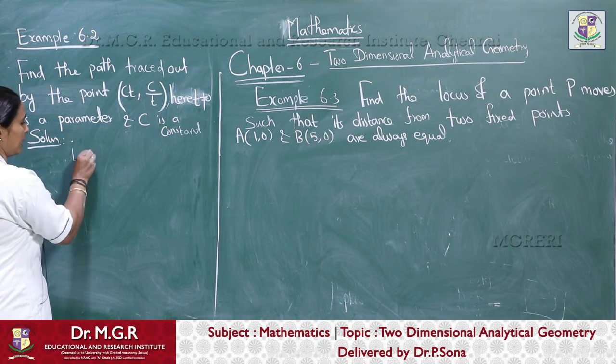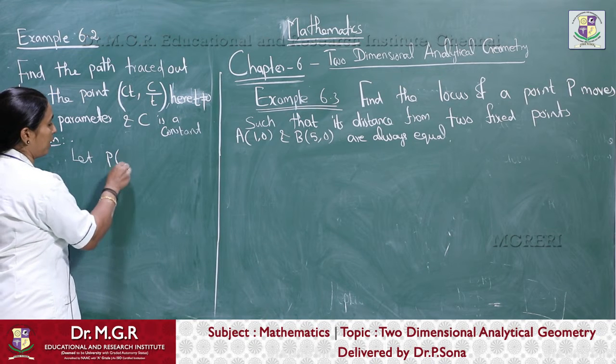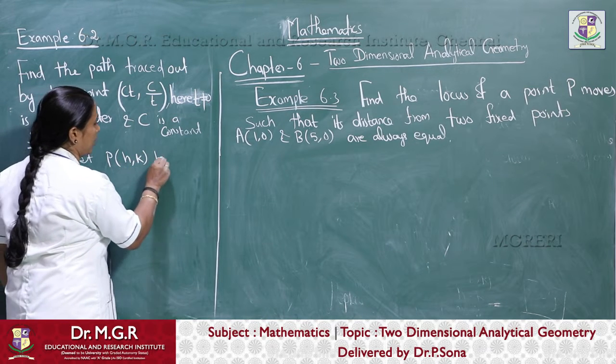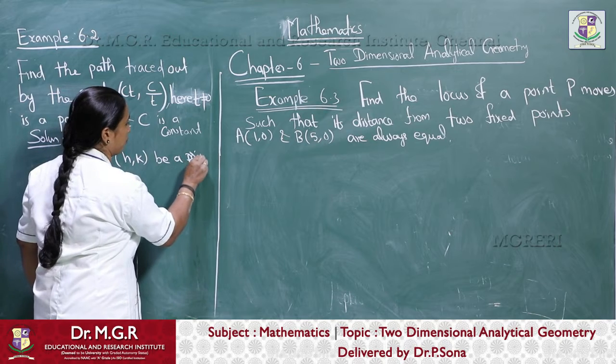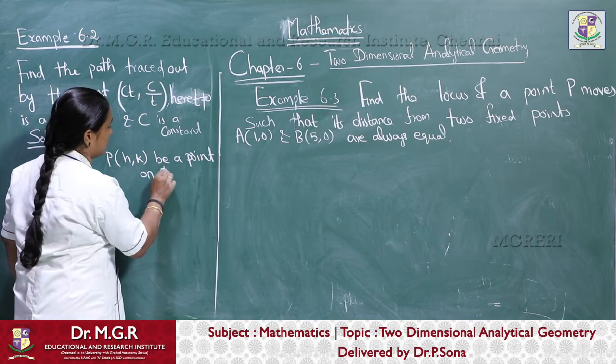First of all, let P(h, k) be a point on the locus.